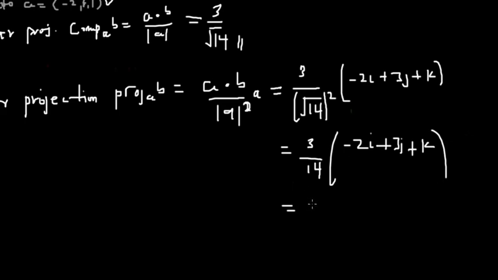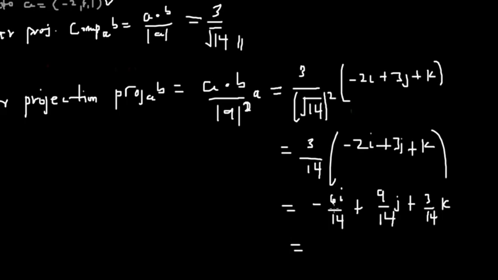So multiplying this throughout, we have minus 6I on 14, and then we have plus 9 on 14J, and then we have plus 3 on 14K. So you can further simplify this one out.